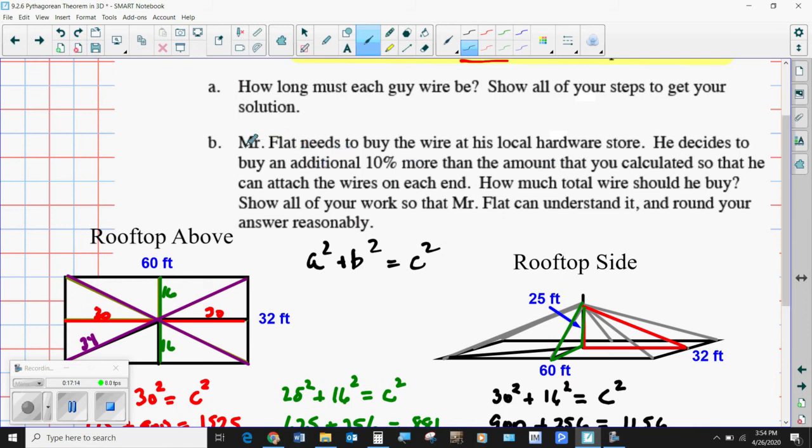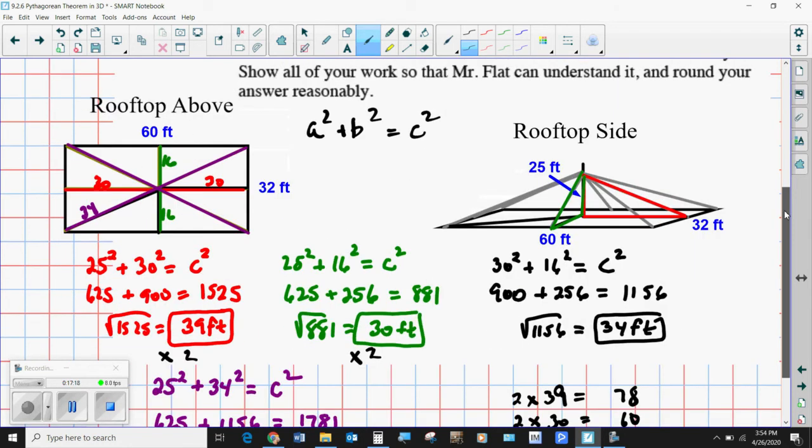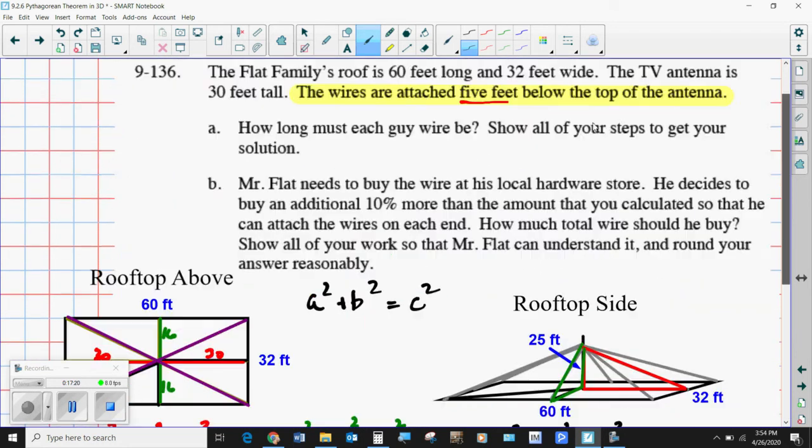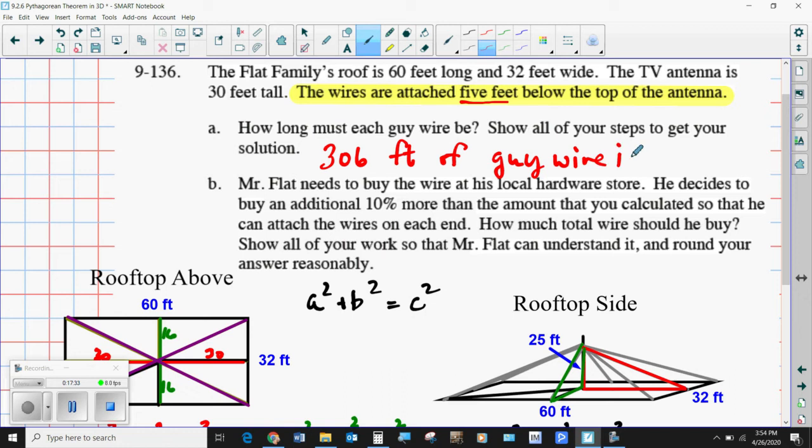And then it says here for problem B, wait, what did I say it was again? 306? Yeah. So let's just go ahead and declare our answer here. 306 feet of guy wire is needed. Nothing like a good, complete sentence to declare your answer.